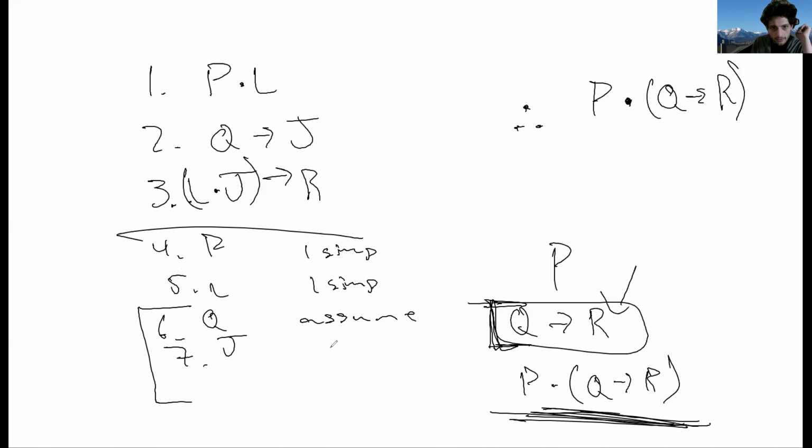We can get J from 2, 6 modus ponens, right? And now notice we have J and we have L, and on line 3, we see that if we can put them together, then we'd have a perfect modus ponens match. So on line 8, we'll put L and J together. And that's just going to be 5, 7 conj.